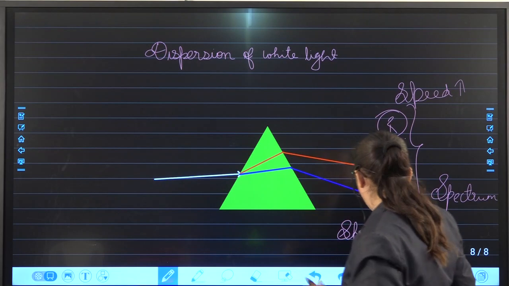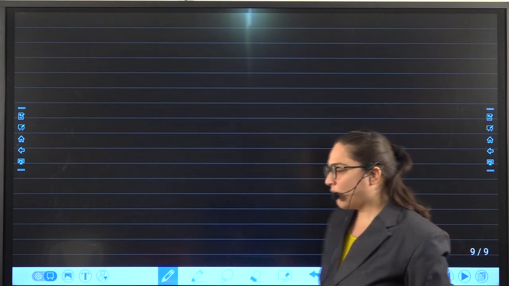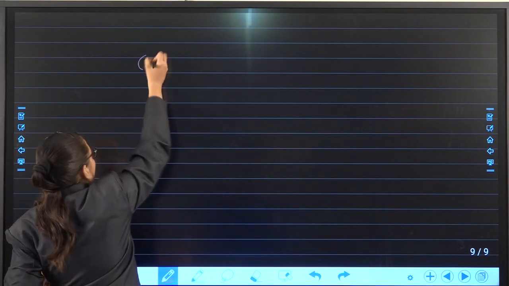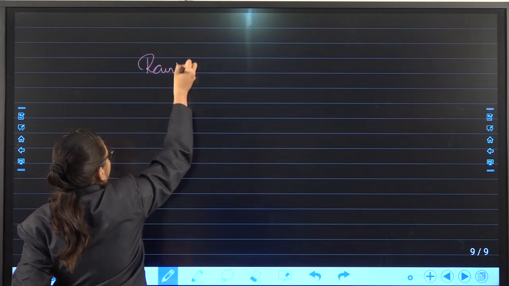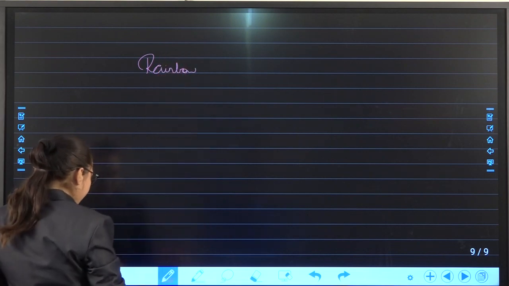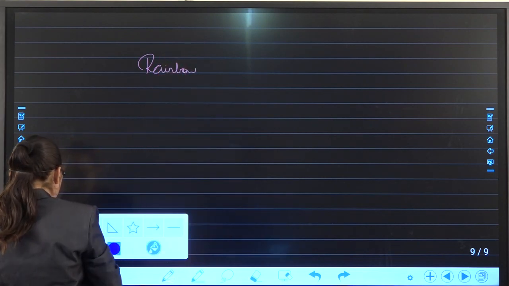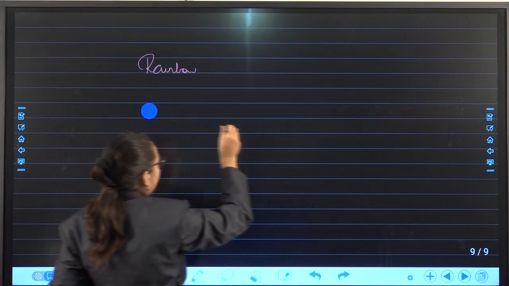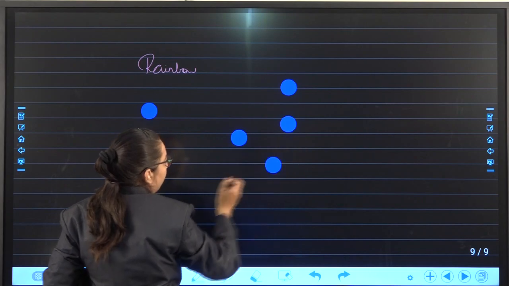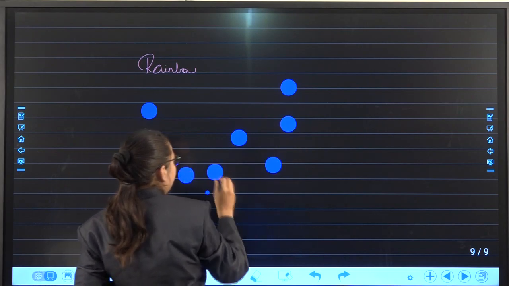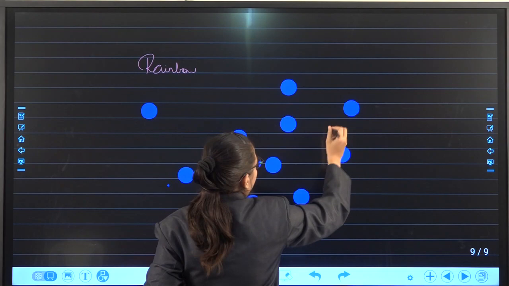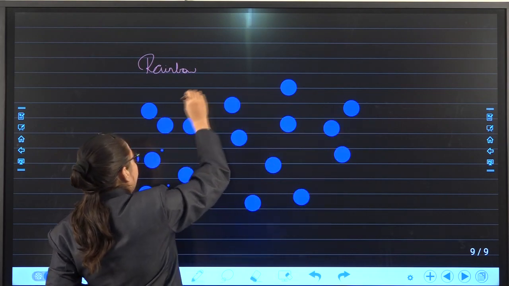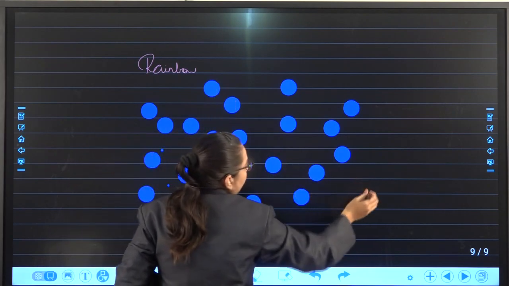Next concept is, how is the rainbow formed? You have already done these concepts in your lower standards, but because it is a part of our content, we will also do it. In the air there are tiny droplets of water everywhere.